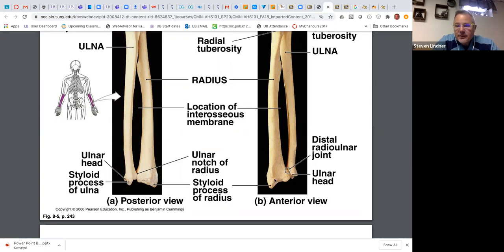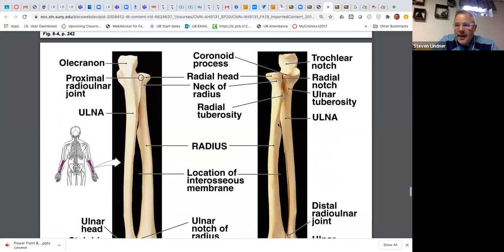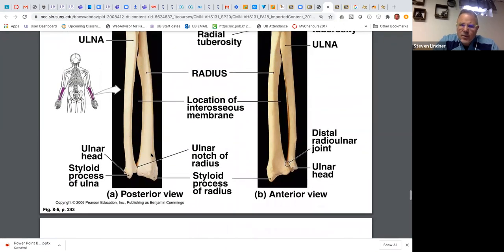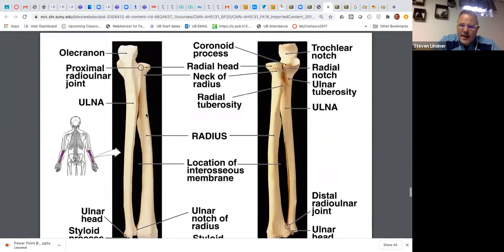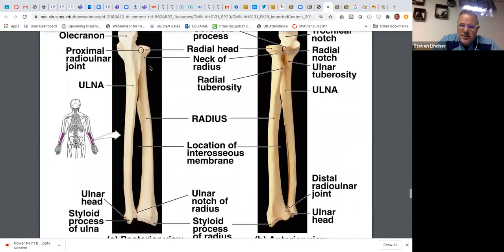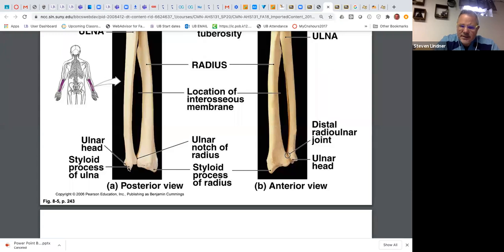What's interesting in terminology is if you look at the head of the radius, it's proximal. But where's the head of the ulna? All the way at the distal end. So it's kind of flip-flop. Head of the radius is proximal, head of the ulna is distal. But both styloid processes are distal.